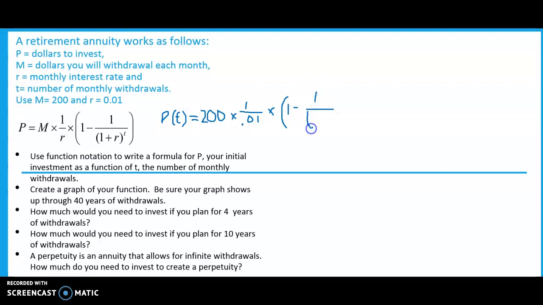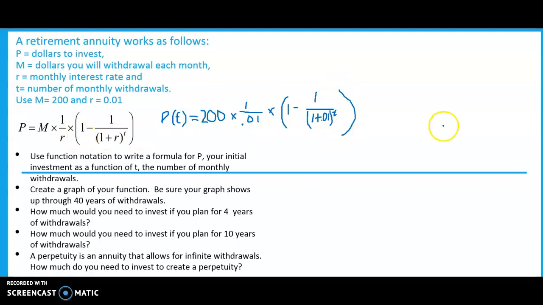In the denominator here, 1 plus R, and so 1 plus 0.01. All of that is to the T power. T is our variable that we don't know, so we keep a T there, and then we end our parenthesis.